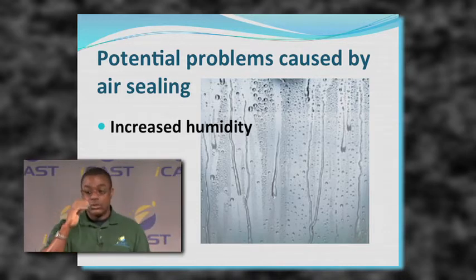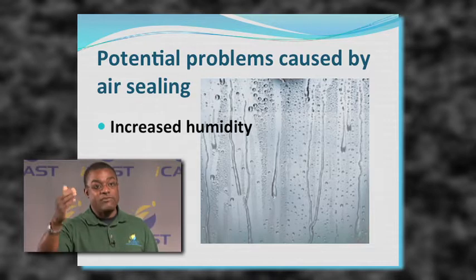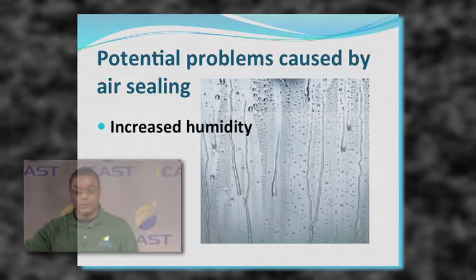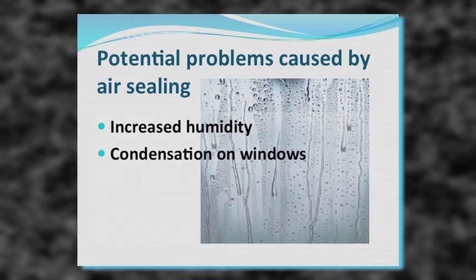Mold, okay? So we have mold, and we have mold because we have moisture and condensation happening on cold surfaces, because we increased our humidity. With our increased humidity, now we have our condensation. With the condensation, now we have a constant source of moisture on drywall and those sorts of things, which allows mold to grow, right?